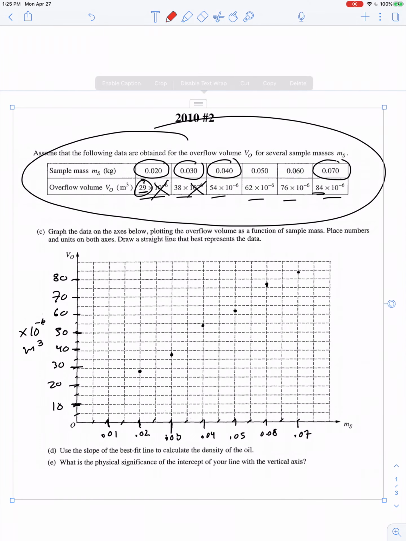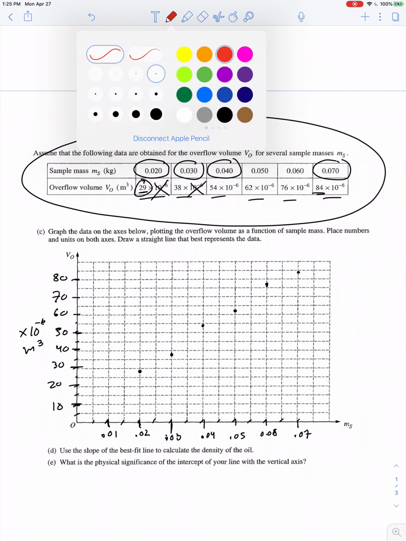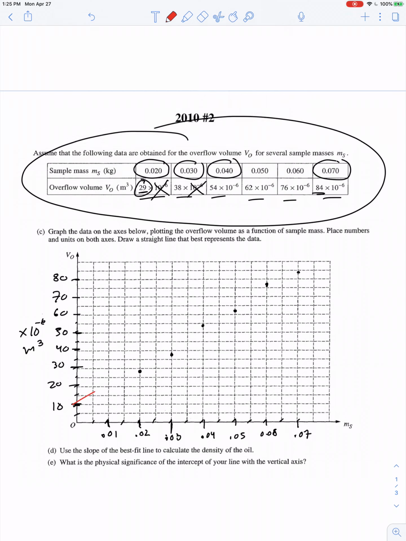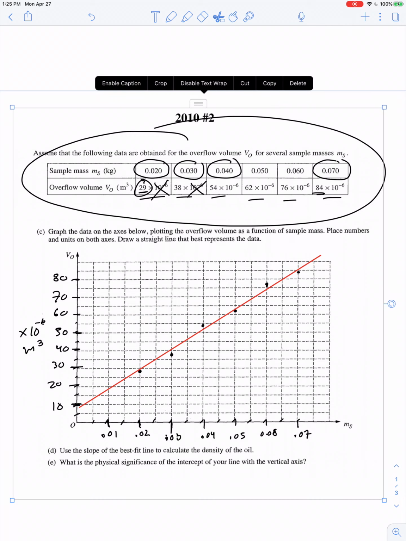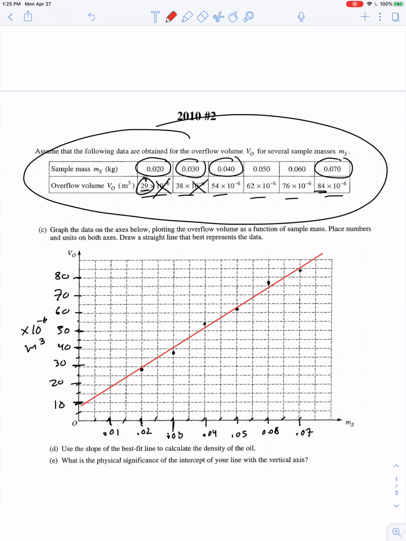Uh-oh. Do-over. That line seems to fit the data much better than my first line, but you notice in this case there's some y-intercept.